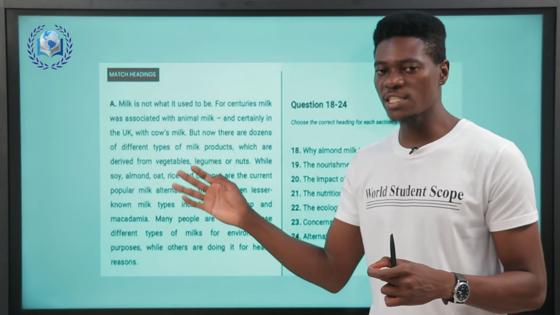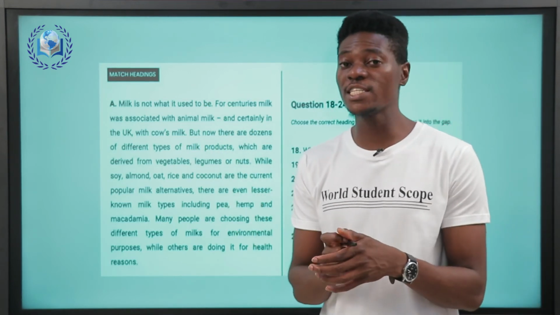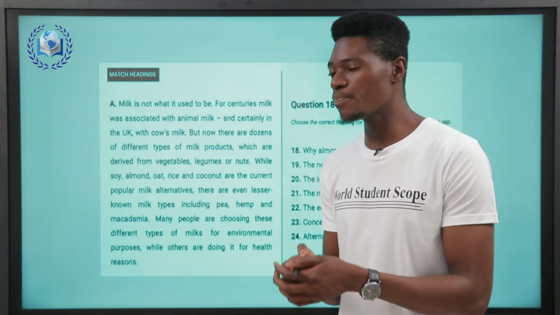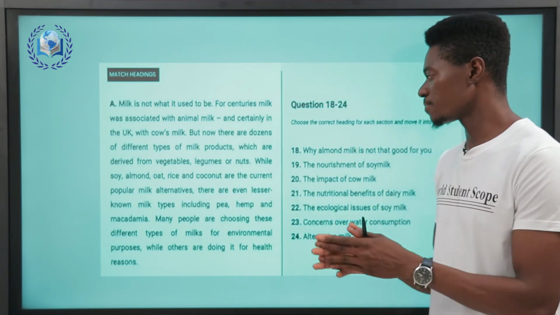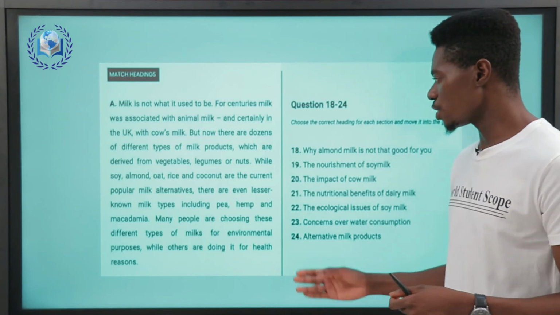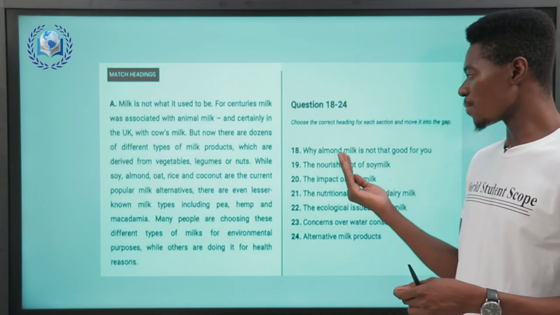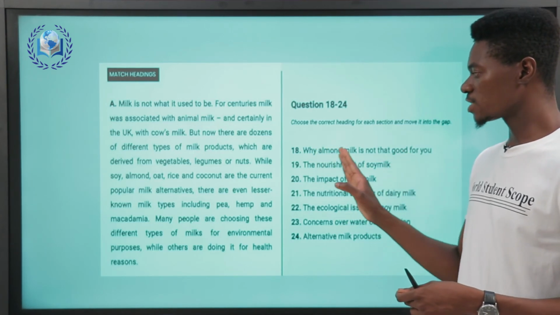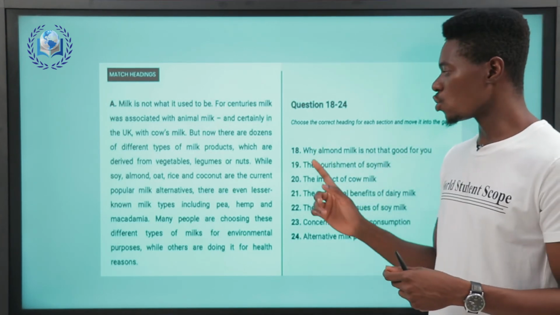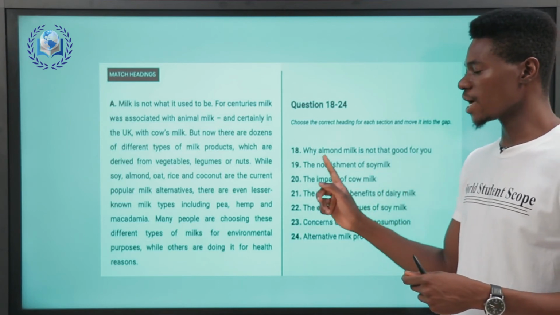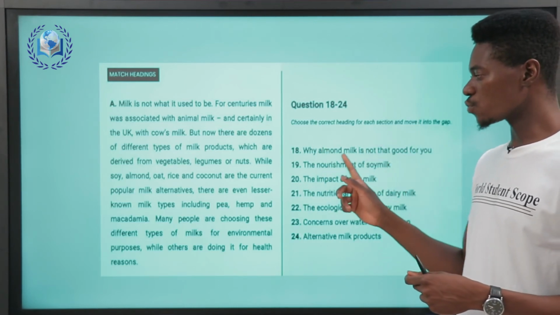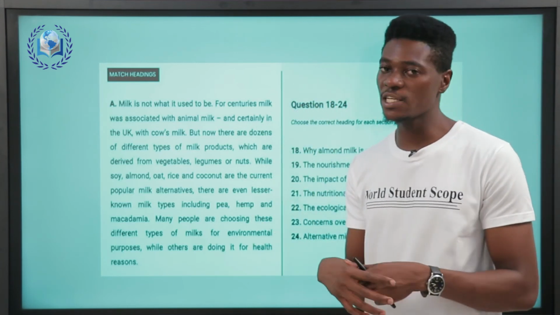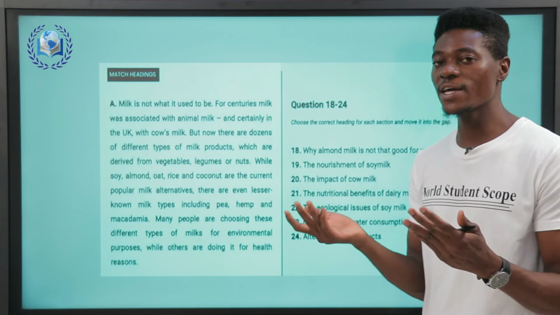After being given that, you have to read and concentrate well and know your answer, whether it's passage A, passage B, or passage C. So here there's a question given: why almond milk is not that good for you. This one we can say is like a heading, okay? So we are going to find this heading from the passage. You'll be given different passages with letters, then you have to find it from there.